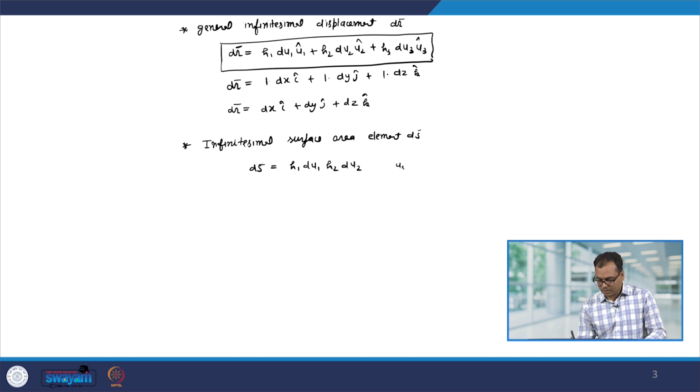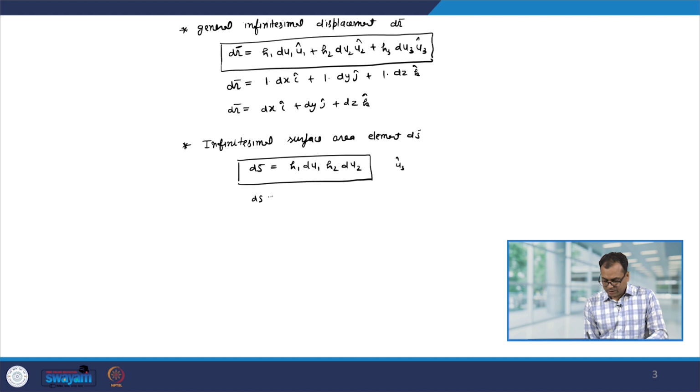So, it will be in u3 cap direction. Let us see, ds will be h1 and h2 are 1 and du1 du2 are dx and dy, okay, and its direction will be perpendicular to xy because we are calculating the area in xy. Therefore, it will be in z cap direction.